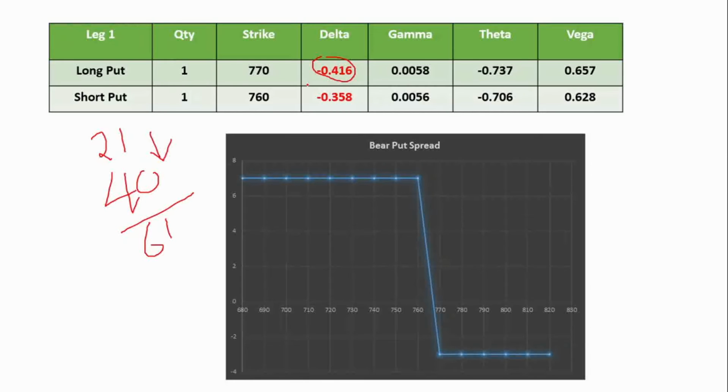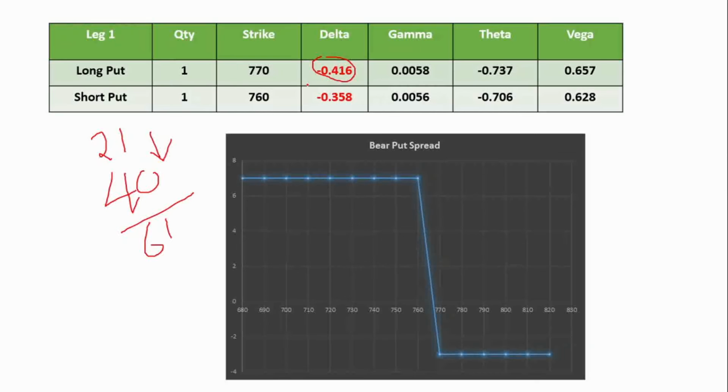So all these factors influence the option premium. I just gave an overview of the option Greeks. When you get time, go and study the option Greeks. This is the backbone of option strategy.